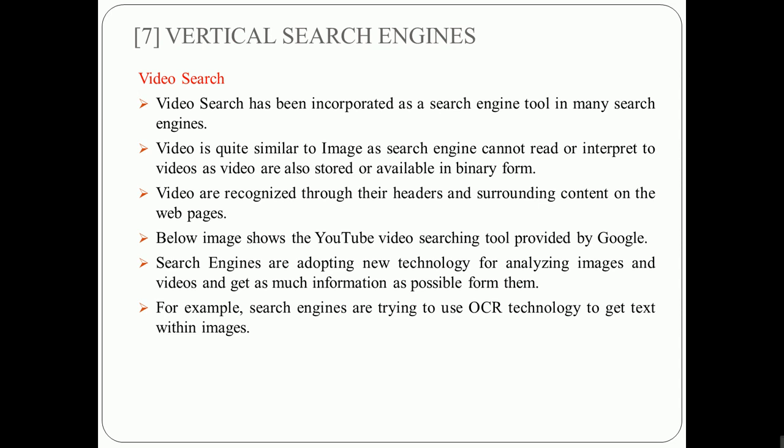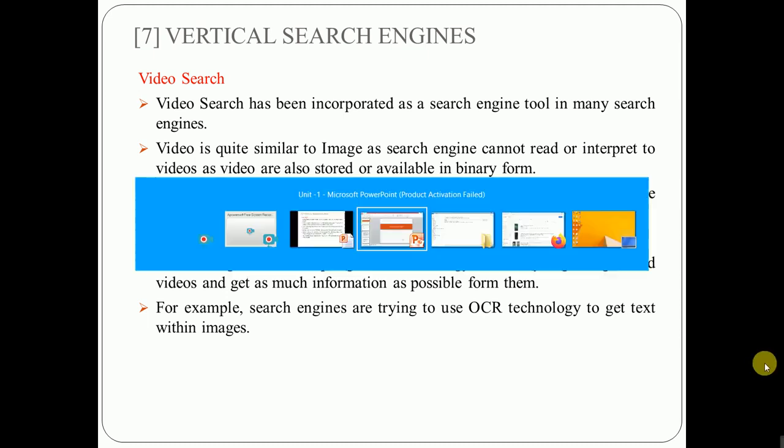So the crawler will not interpret or read it. Videos are recognized through their headers and surrounding content on the web pages. The below image shows the YouTube video searching tool provided by Google.